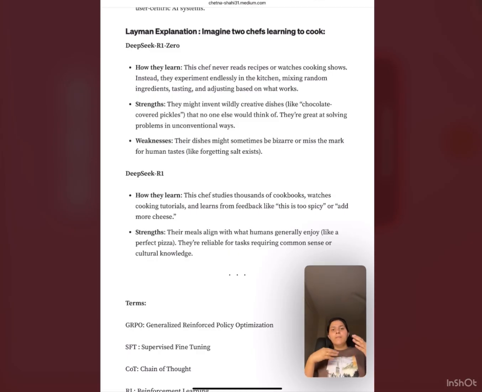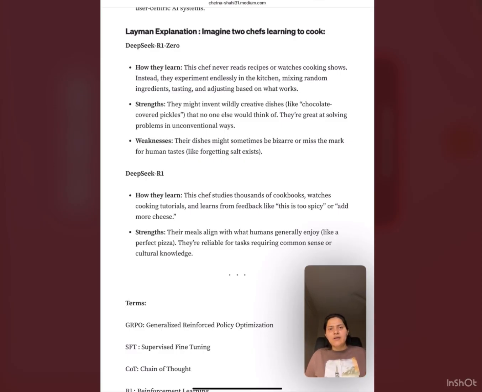The good part is that this chef understands what humans want and like eating, and would try to incorporate that taste. That is why this would not give any bizarre dishes to the users. So this is how DeepSeek-R1-Zero and DeepSeek-R1 are different.